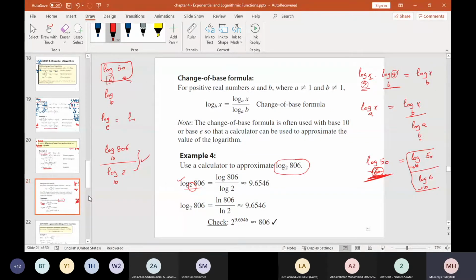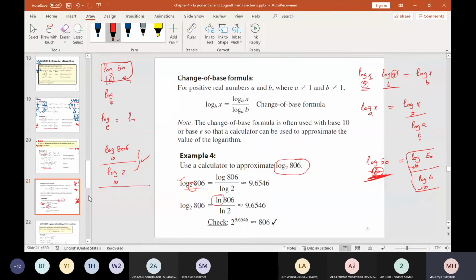Another example, the same example, you can change it into log to the base e.